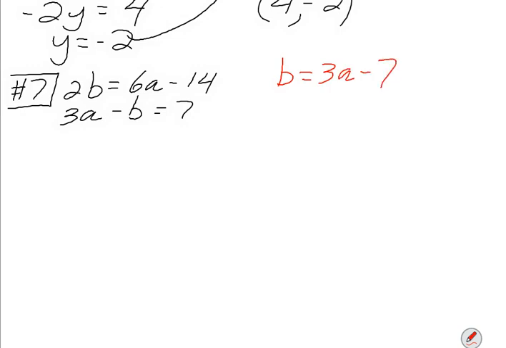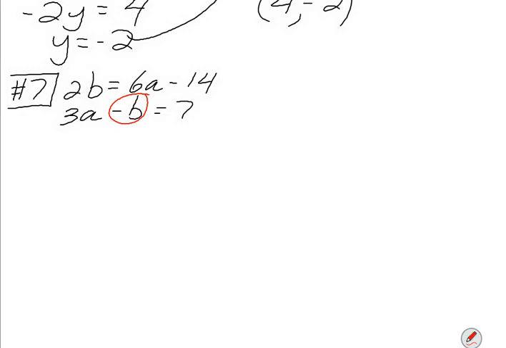But that is not the one I'm going to solve for, because that's not the one I thought to solve for right away, because here I have 1b. So that's the one I'm going to solve for, but you could have solved the top equation, b equals 3a minus 7, because when you divided, you did not end up with any fractions.